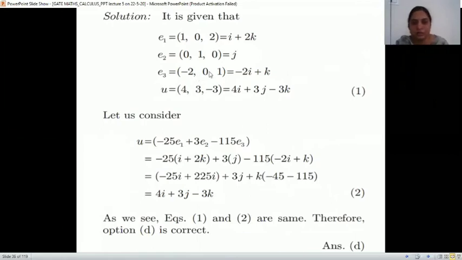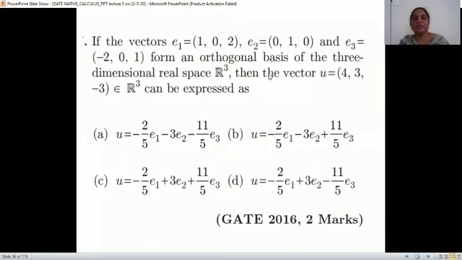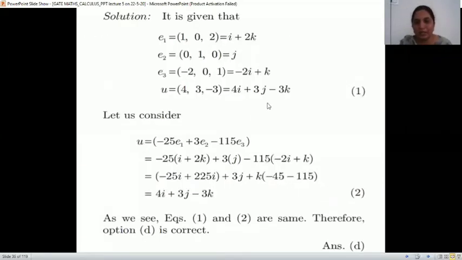These are E1, E2, E3. So that is nothing but i bar plus 2k bar, this is j bar, and this is minus 2i plus k bar. And u is given as the vector 4, 3, minus 3, that is 4i bar plus 3j bar minus 3k bar.